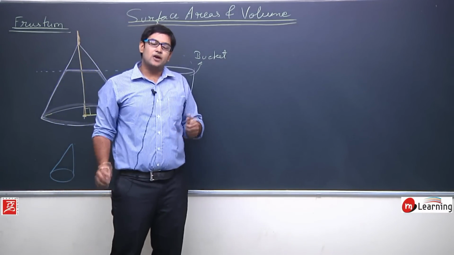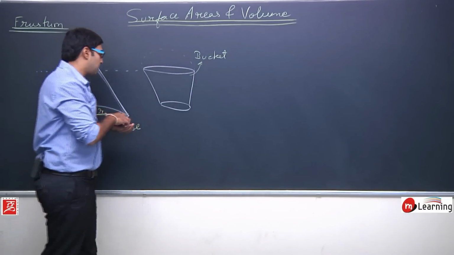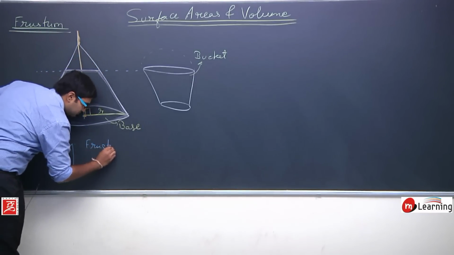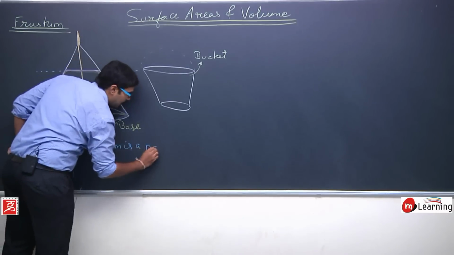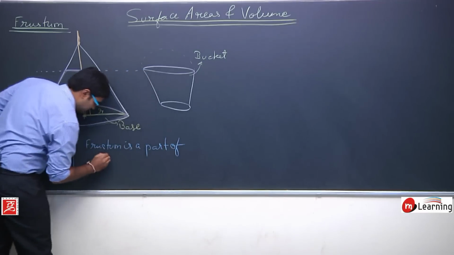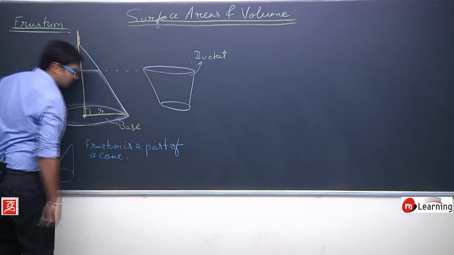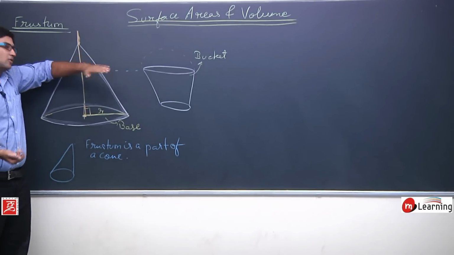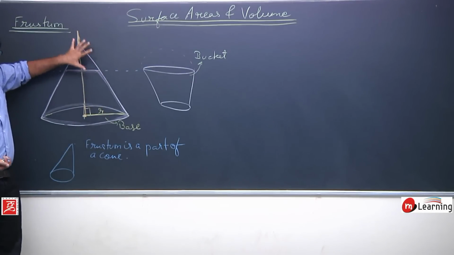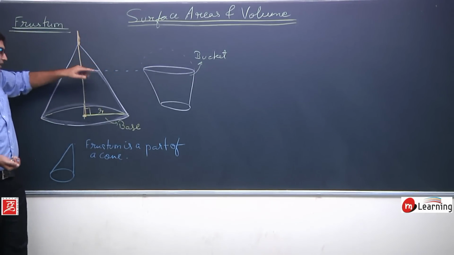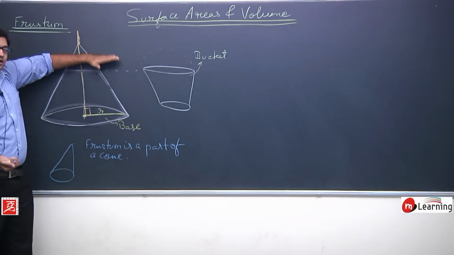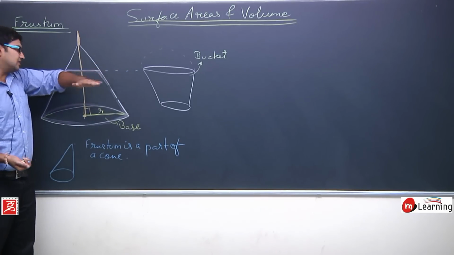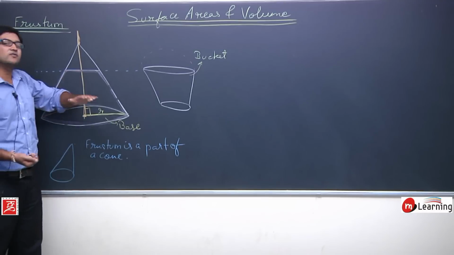So what is a frustum? A frustum is basically a part of a cone. Now how is the frustum made? I cut this cone from anywhere in between. In this height, I can cut it from here, from here, from here, wherever you like, in a way that the cut is parallel to the base of the cone.